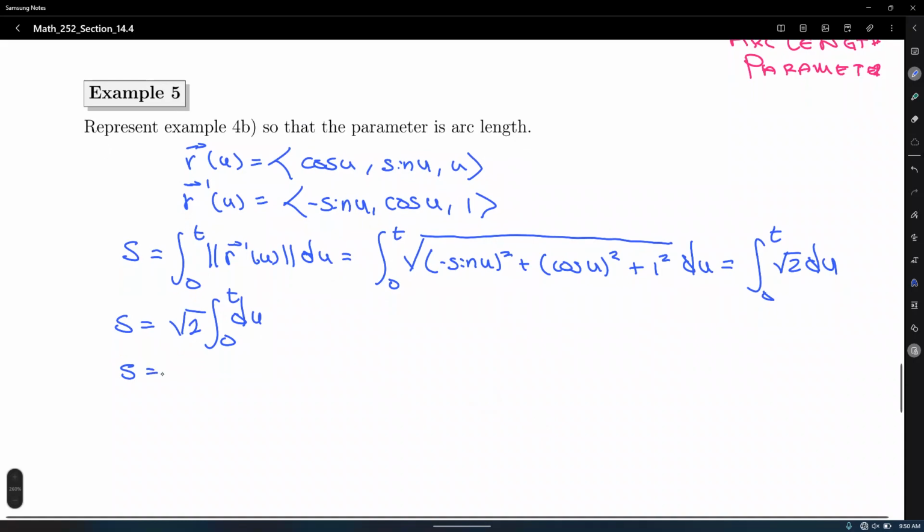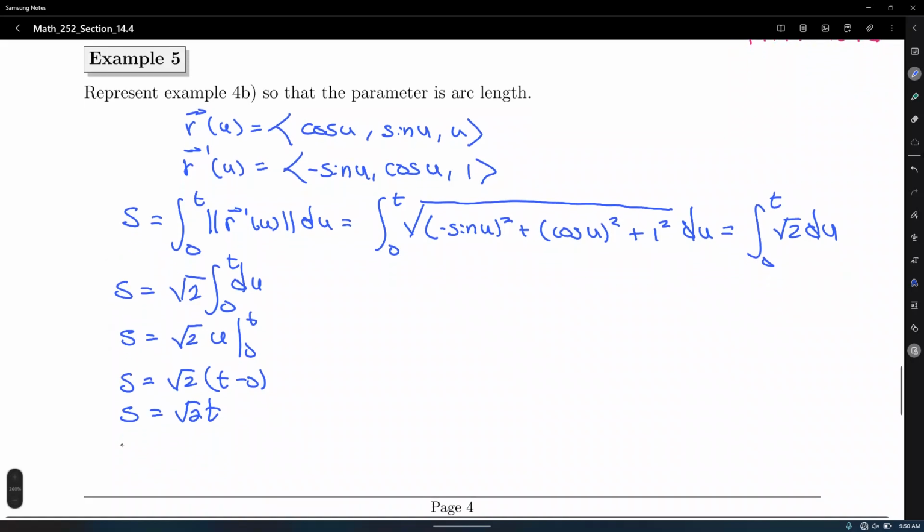So that is s equals the square root of 2 u from 0 to t. s equals the square root of 2 t minus 0, which is s equals the square root of 2 t. And this is the expression, the relation, if you will, that we will use to change the variable t in terms of s. That means I need to solve for t, which equals s over the square root of 2.